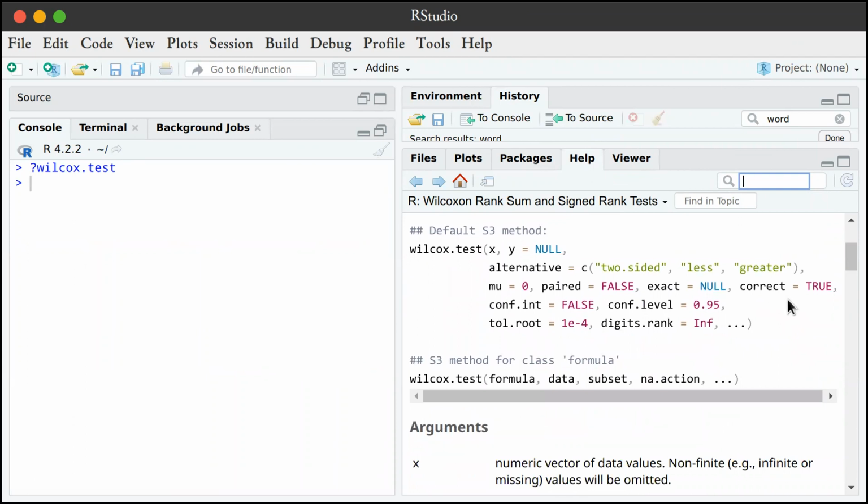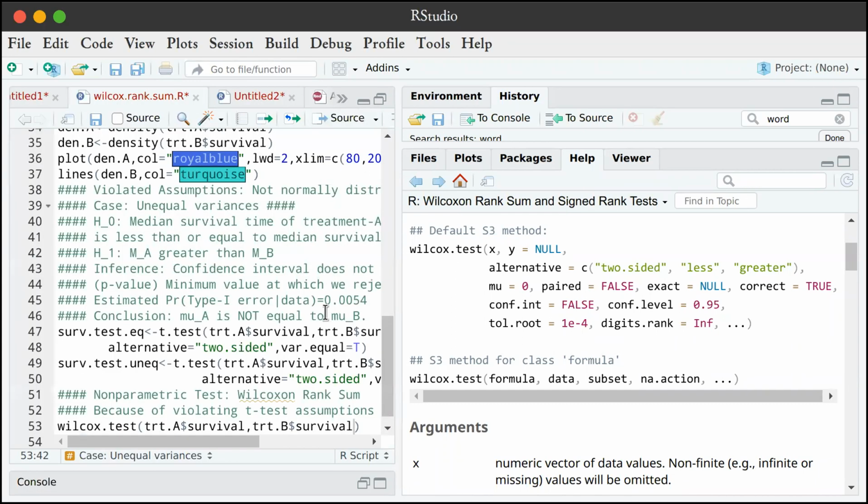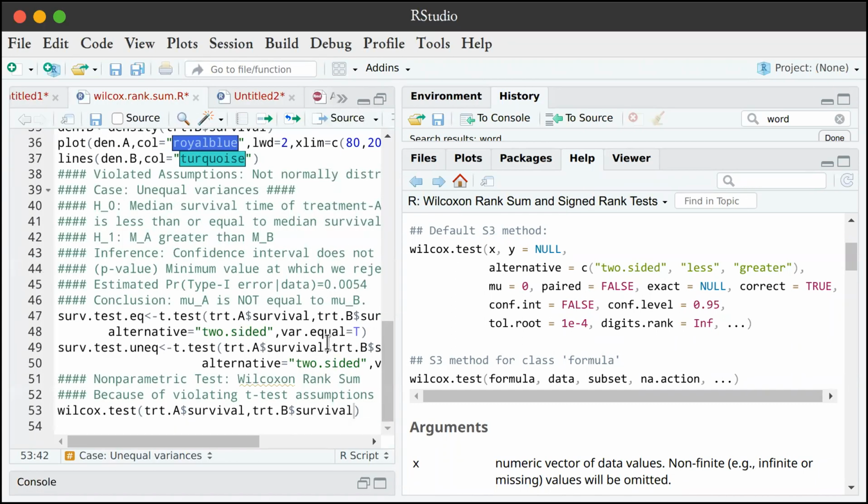We can make that correction internally, but it doesn't matter when we do it using R, because the ties affect the variance, and it is going to affect how we compute our test statistic and its variance. So with R, not a big deal.